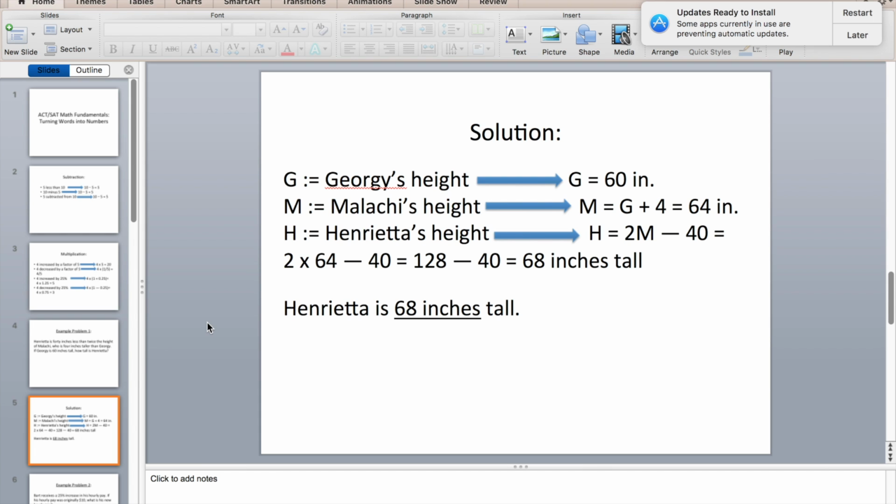H equals 2m minus 40. And that is to say that Henrietta is 40 inches less than twice the height of Malachi. Then you plug in the numbers. Don't make any silly arithmetic errors at this point. You should get 68 inches. So Henrietta is 68 inches tall.